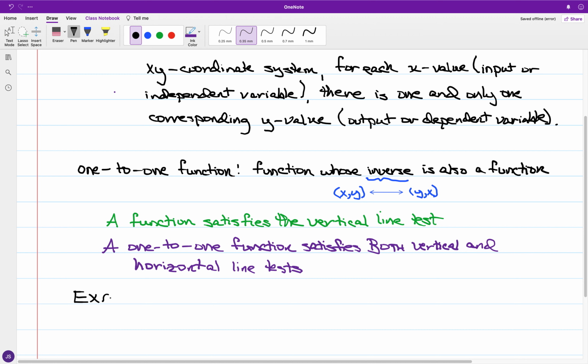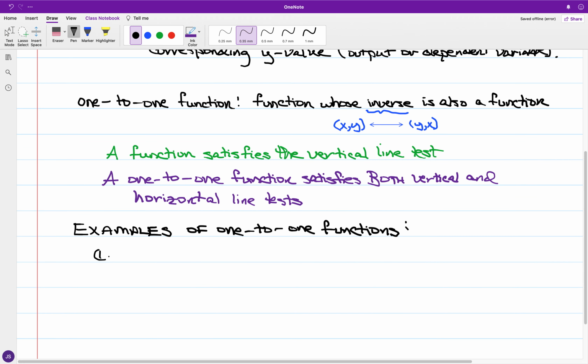And for examples of one-to-one functions, we'll have, first of all, let's say that we have f of x consisting of the ordered pairs 1, 3, 2, 5, 3, 7, and also 4, 9.